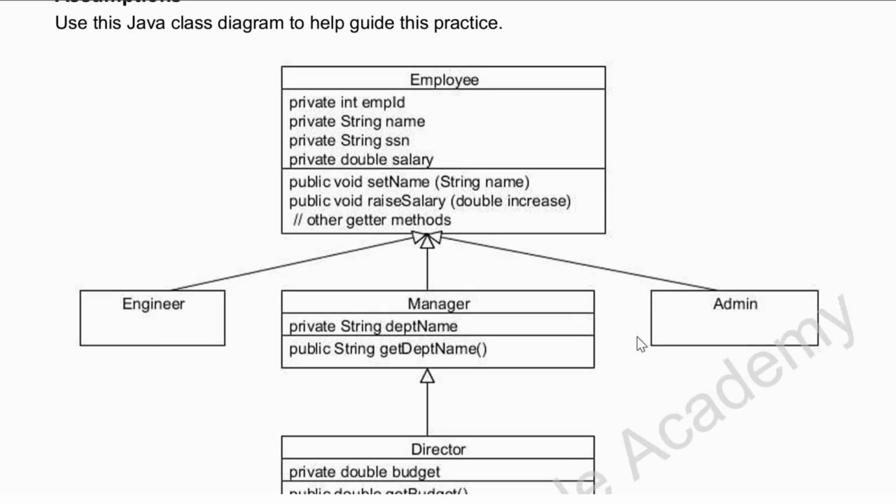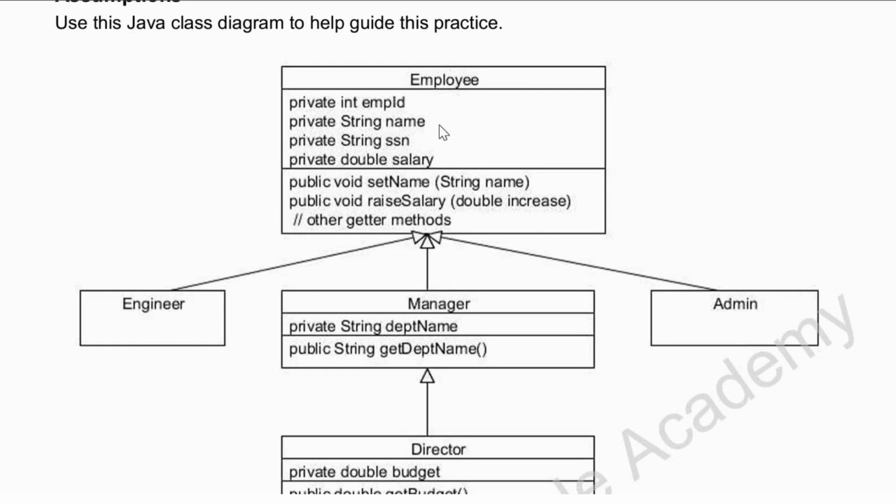An engineer is different from an administrator, and a manager is also different from an administrator and an engineer. So each class here is unique in its own way, but all of them inherit from one single parent class called the employee class. So that is the whole concept behind object-oriented programming.